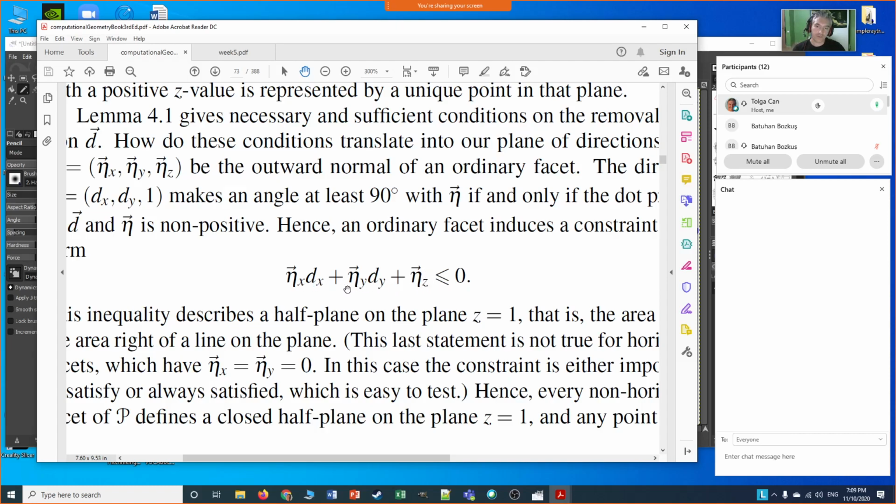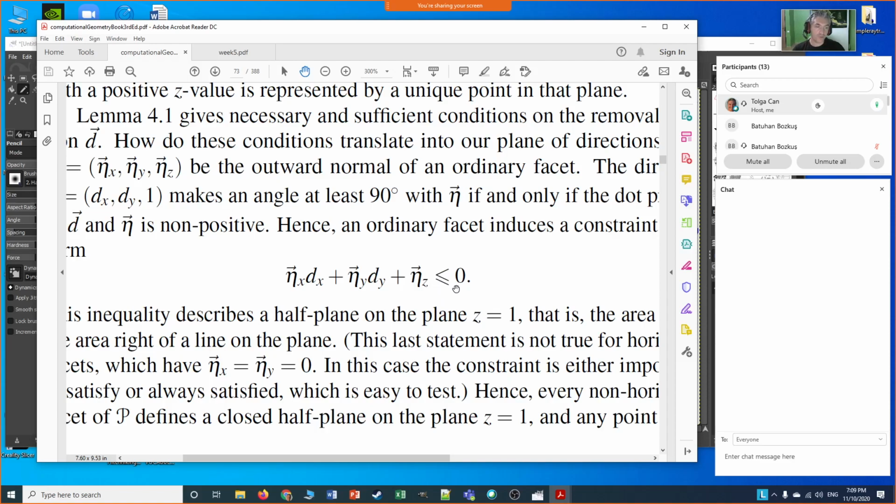Therefore, the only two unknowns are these two. These nx, ny, and nz will be given to us by the polyhedron's faces. And since the angle should be more than 90 degrees with the polyhedron's faces, being more than 90 degrees becomes equal to less than or equal to 0.